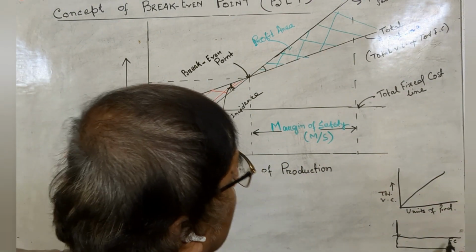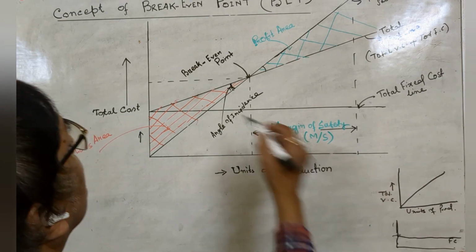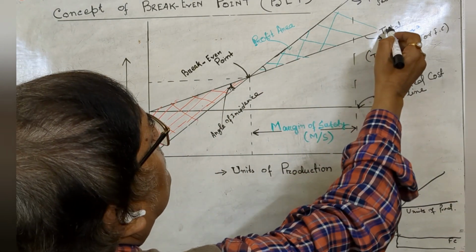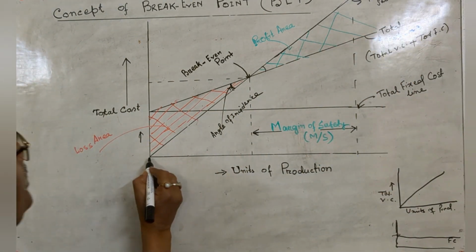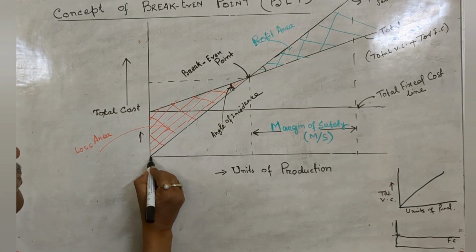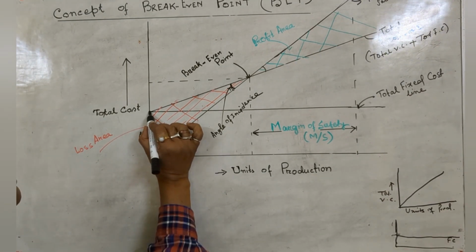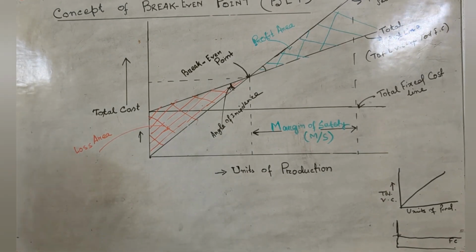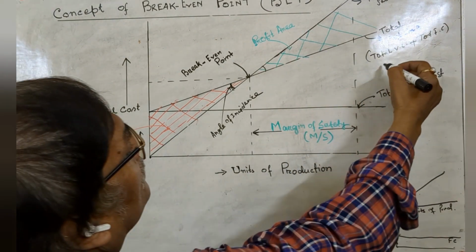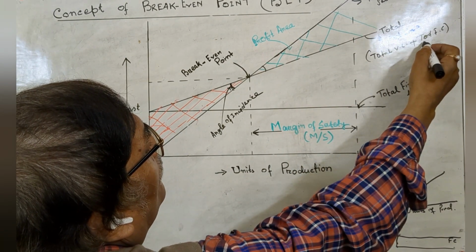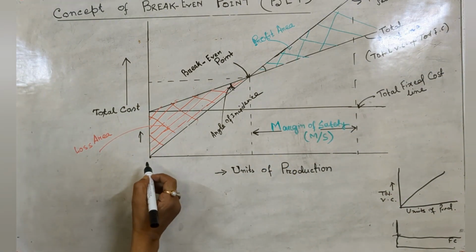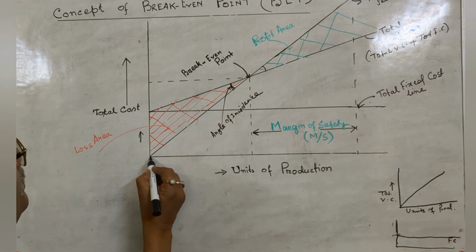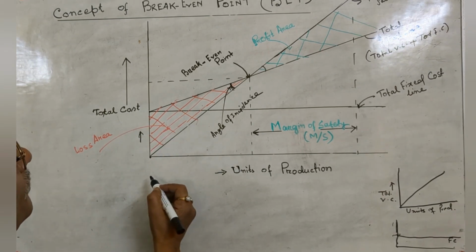If you merge these two lines, then the total cost line will be this. Because when the units of production is 0, the total cost will be only total fixed cost. This is the total variable cost plus total fixed cost line, because for 0 units of production, variable cost is 0.